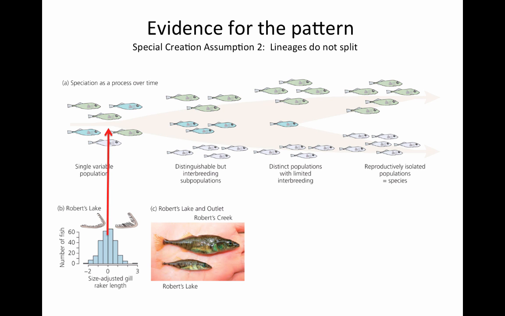If you look in that same lake and also in the creek that's the outlet for the lake, you can see that there's a very distinct creek form that's larger in size and has short rakers. It tends to feed on these bottom-dwelling prey items, whereas the ones in the lake tend to be more of this water column feeding form with long gill rakers.